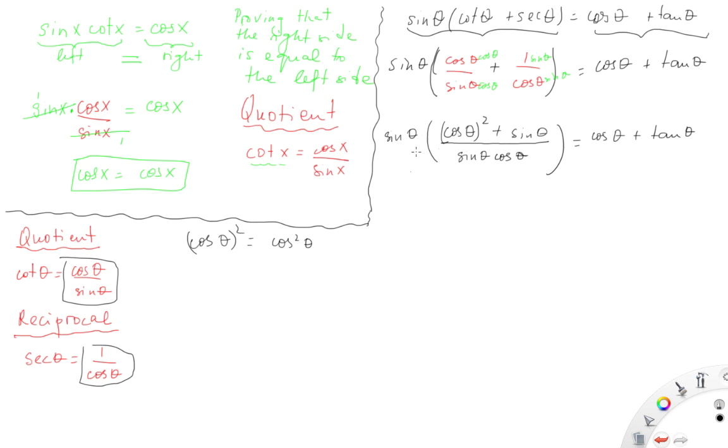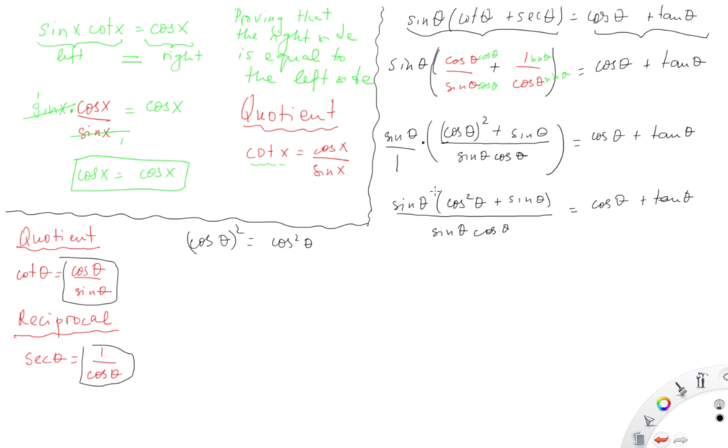Now, if you notice, I can put a 1 on the bottom, and those are 2 fractions that are being multiplied. So how do we multiply fractions? I have to multiply the tops. Again, this over here is the same as this over here. And multiply the bottoms. 1 times sine of theta times cosine of theta equal to, I copy the right hand side.